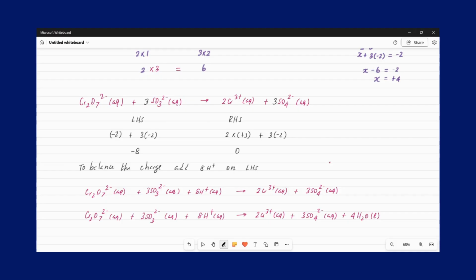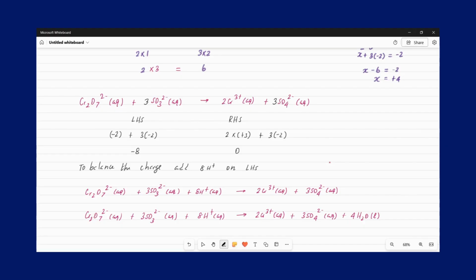So what did I do? I wrote the skeletal equation, then I balanced the elements other than oxygen and hydrogen, then I found the oxidation numbers of the elements which are undergoing change in oxidation state, then I equated the oxidation numbers. Once I equated the oxidation numbers on left hand side and right hand side, then I balanced the charges using the clue, that is the medium.